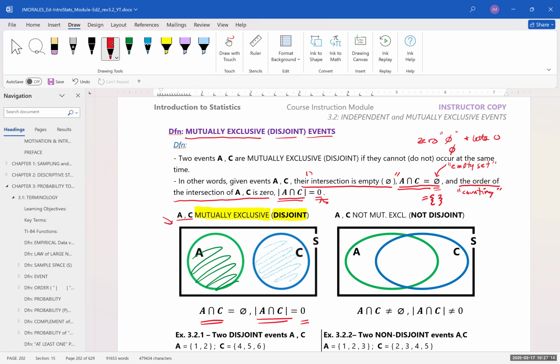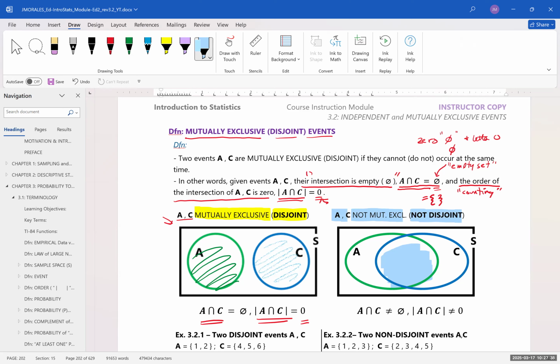All right, so by contrast, if events A and C were not mutually exclusive, if they were not disjoint, then they would have an intersection. They would have some outcomes in common.